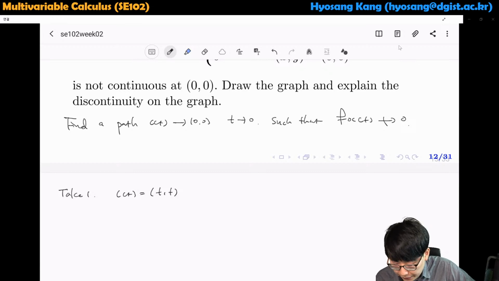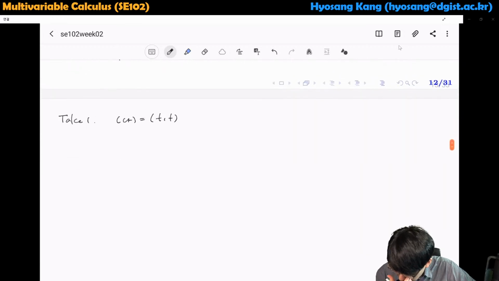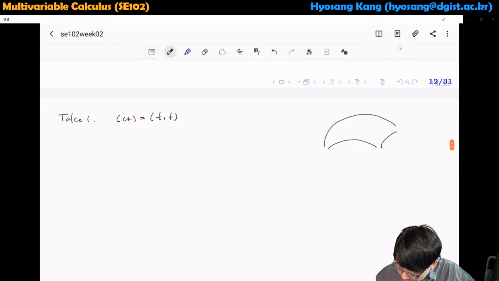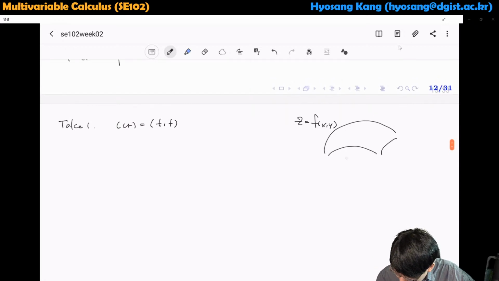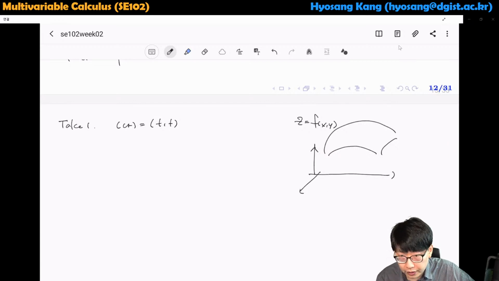Well, actually it's opposite. So we have a graph of a function. When we think about the limit of a function, you start from the xy plane, instead of taking projection.